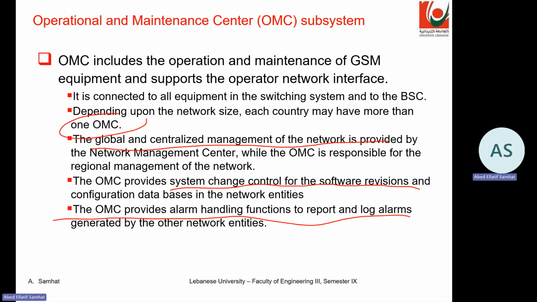Then we will see the different location areas, because we said that the mobile switch center is responsible for a certain area to be controlled. So we will see together what the different location areas are and how handover is done between them.